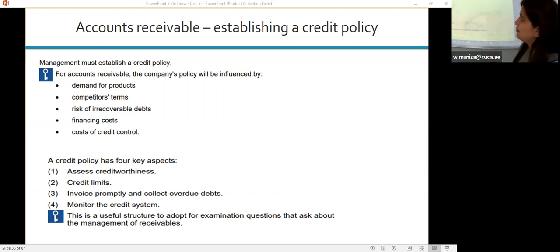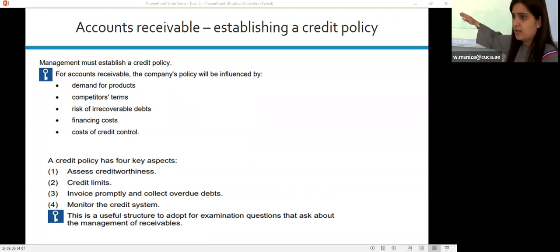For accounts receivables, the company's policy will be influenced by the demand for the products, competitors' items, risk of irrecoverable debts, financing costs, cost of credit control. When the organization will be thinking that whether the credit limits have to be increased for the receivables or not, it will be depending upon these given factors.